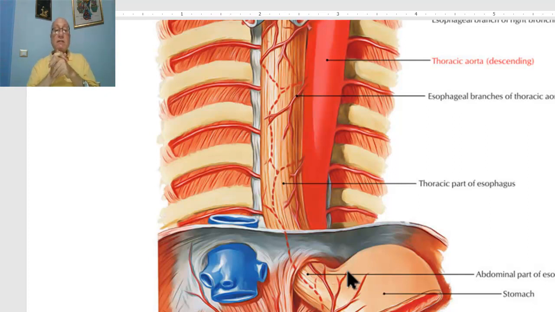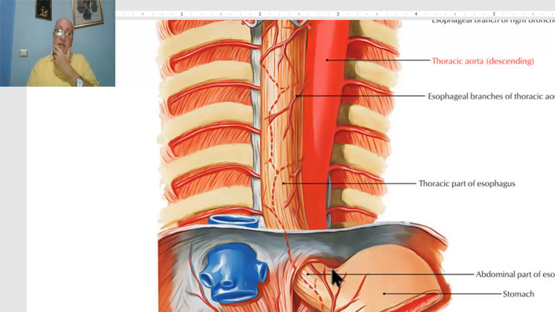Therefore, you should notice that the esophagus has triple relation to the descending aorta. First, it lies on the right side. At the level of T7, it crosses in front of the descending aorta. And finally, the esophagus becomes on the left side of the descending aorta.